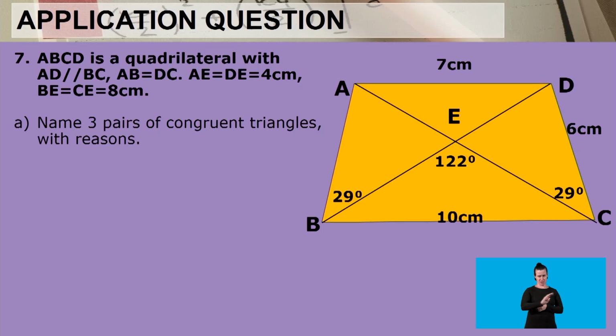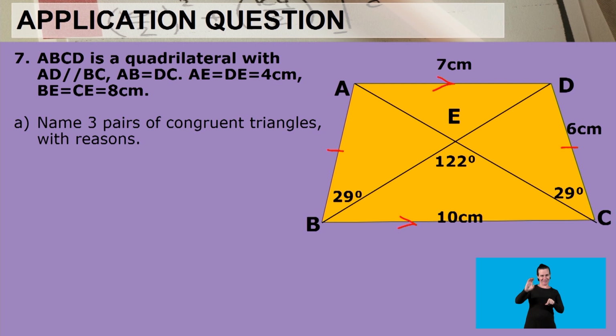ABCD is a quadrilateral with AD parallel to BC, and AB equals DC, so a marking there and there.